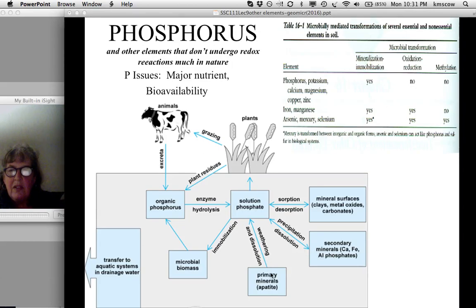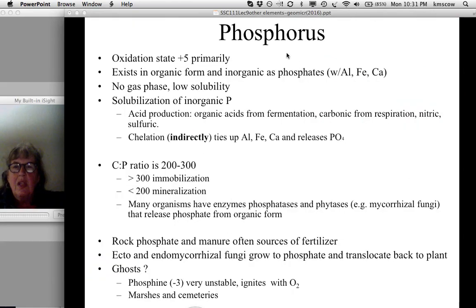And then we have weathering, the dissolution of primary minerals, and that's another way that phosphate's going to be entering the system. So the phosphorus cycle is quite a bit different, for example, than the nitrogen cycle. So +5 state, it's either in organic or inorganic forms. The inorganic is usually with aluminum, iron, or calcium, depending on the pH.